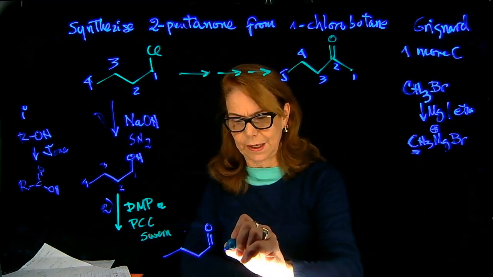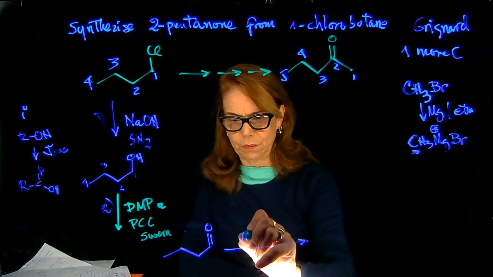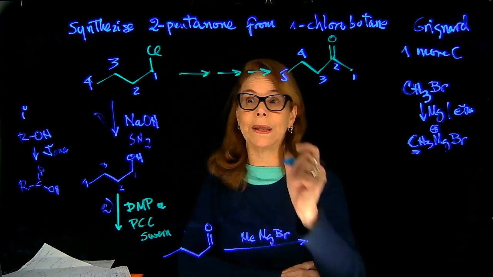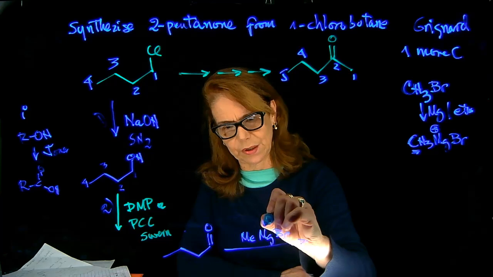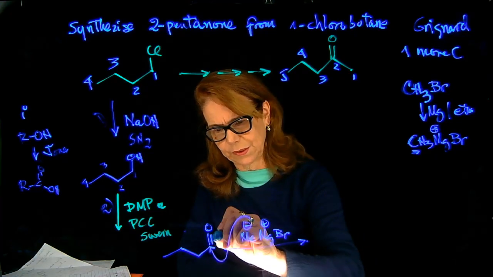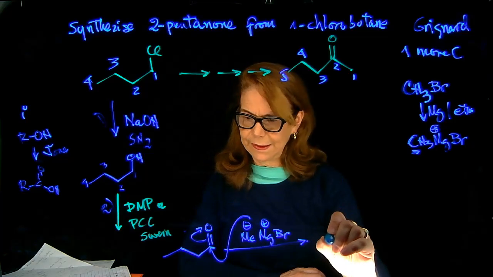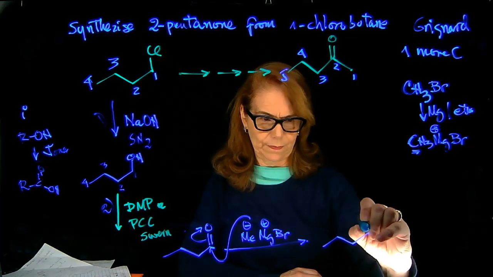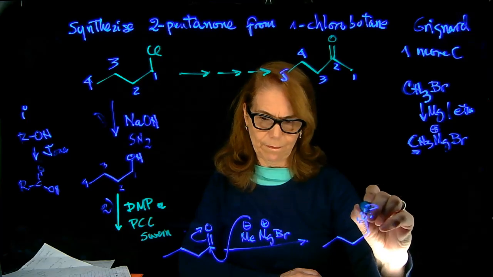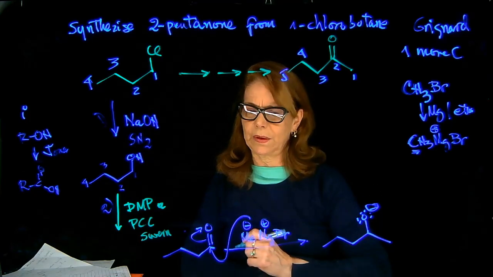So next step, I'm going to use methyl magnesium bromide, because I need to add one carbon to that chain. So I'm attacking here. And that will form an alkoxide, with a negative charge, and I have that metal.